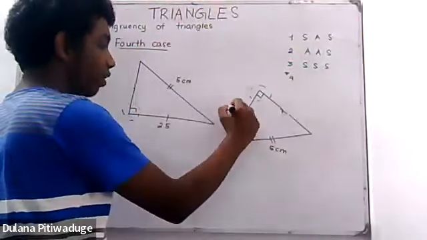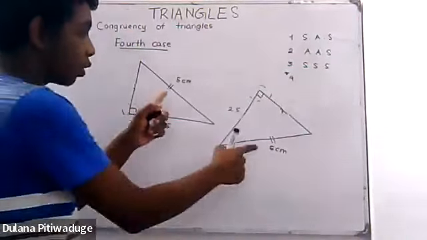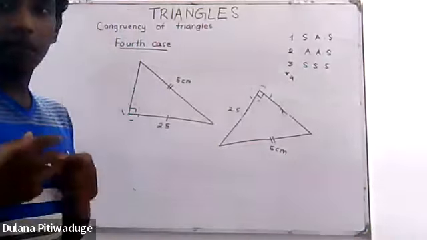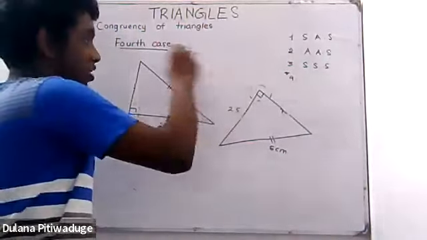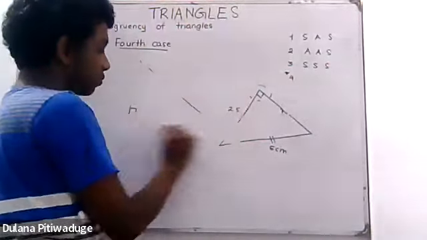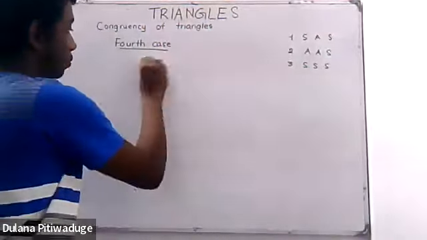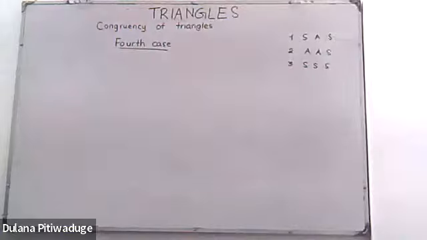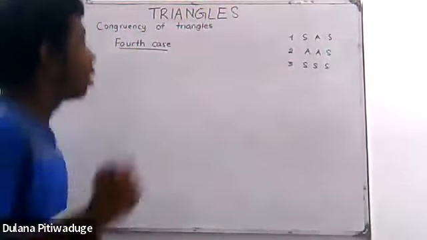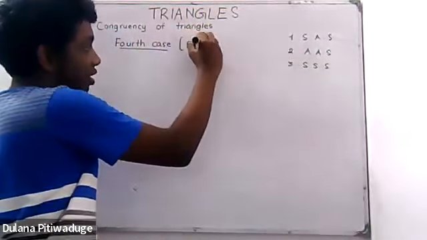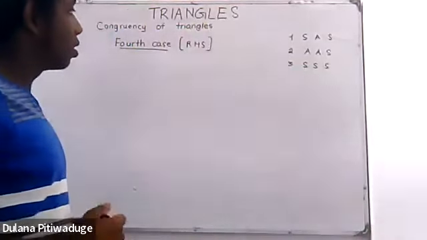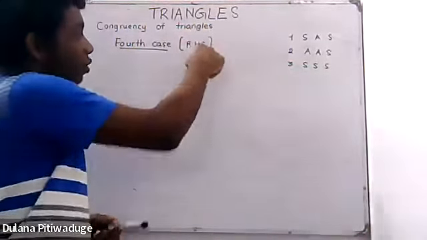Or even if this is 2.5, these two triangles are congruent. The hypotenuse should be equal and either of the sides should be equal. Then the triangles are congruent. This is special for right angle triangles. As a short term for the fourth case, we can say it's RHS: right angle, hypotenuse, and side.